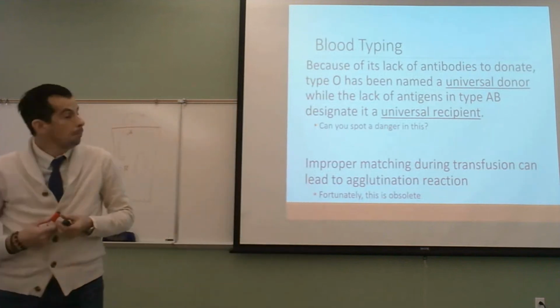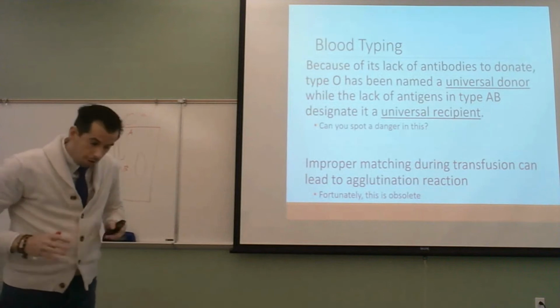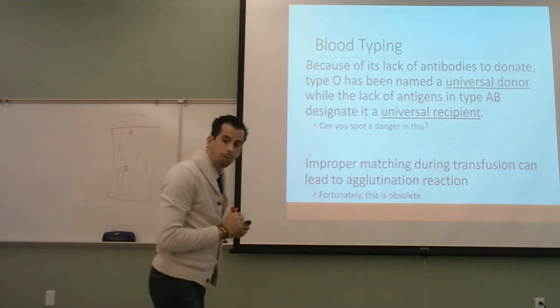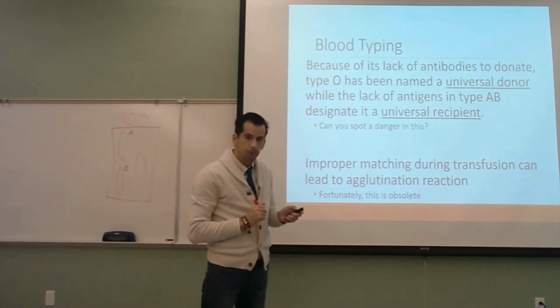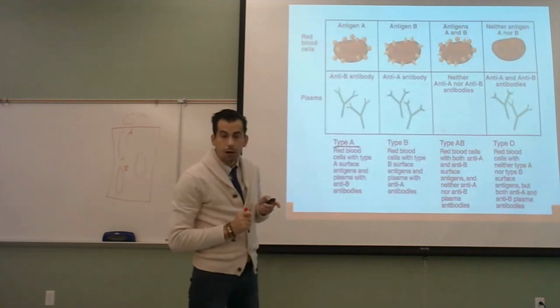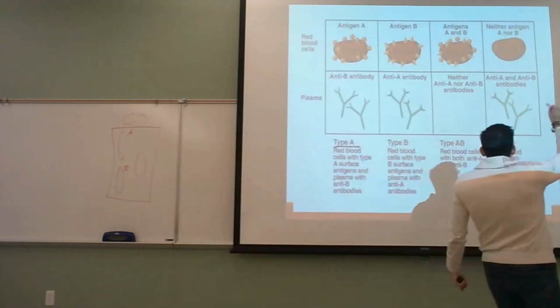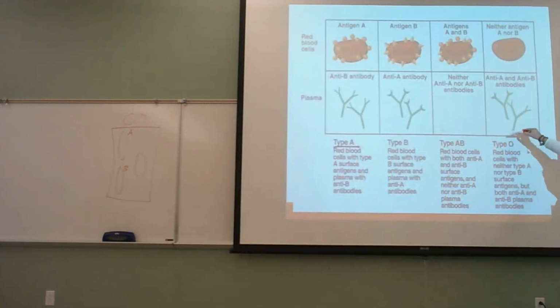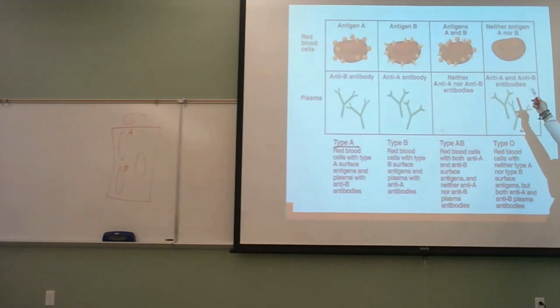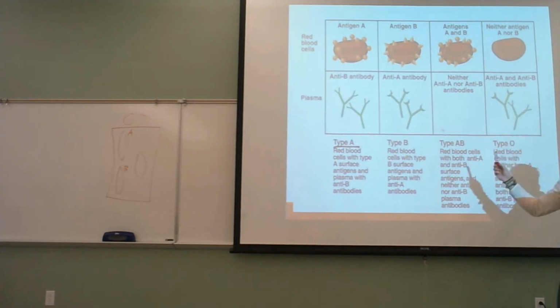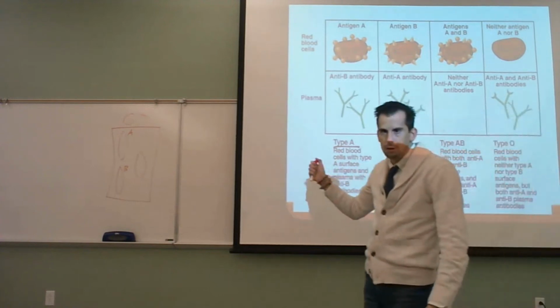You can't take buckets of type O blood and force it into a recipient without consequence. And the main reason for that is because, remember, when you are donating type O blood, you're not just donating the cells with the antigens or lack of antigens, but you're also donating the complementary antibodies.